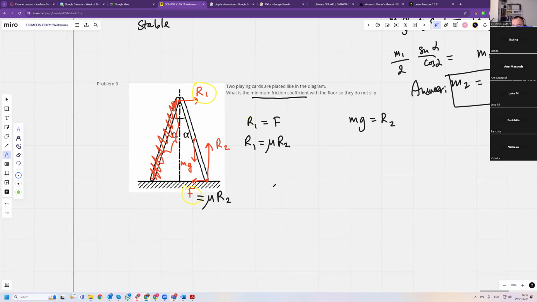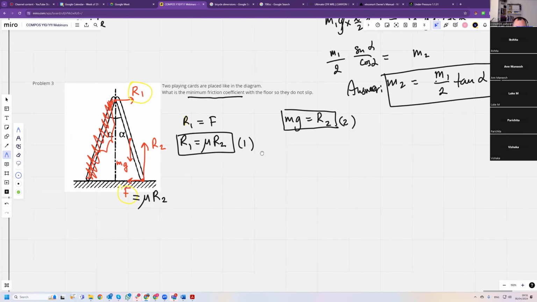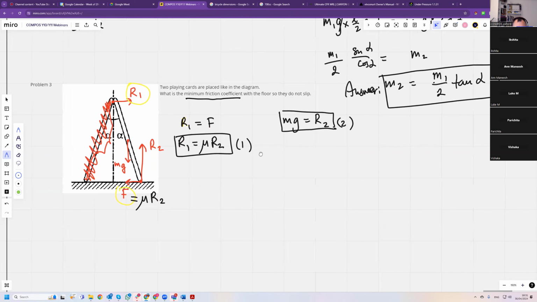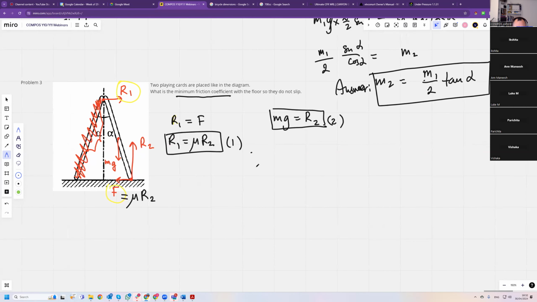Okay. So we have two equations, 1 and 2. However, we have 3 unknowns.